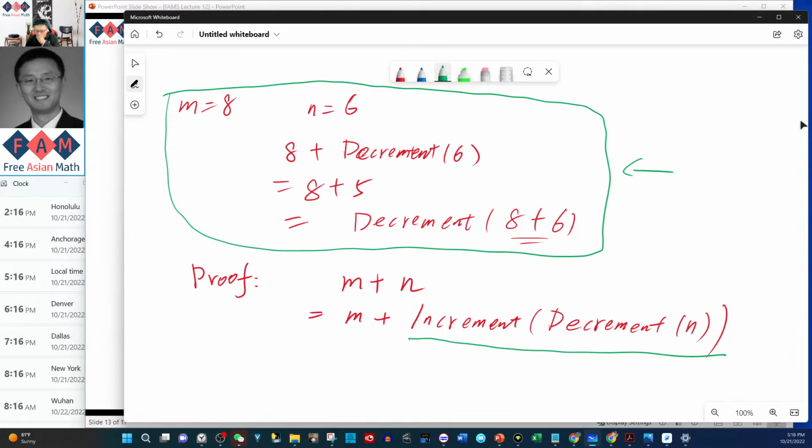Okay, now what? Remember how we defined addition? Because now n is a positive integer, we know this is the same thing. This is doing this, n plus 1. So this is m plus what goes inside of this. We do this first, n plus 1, right?